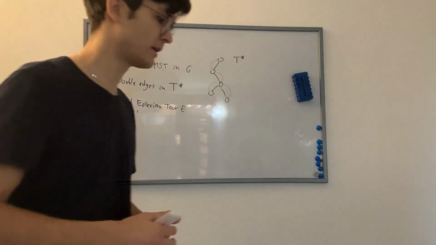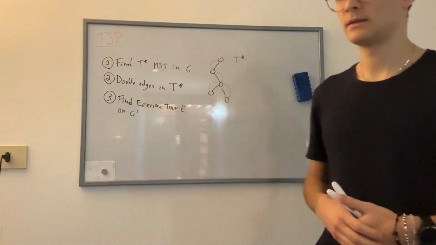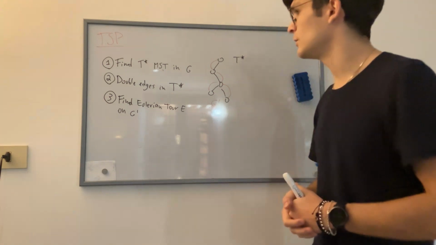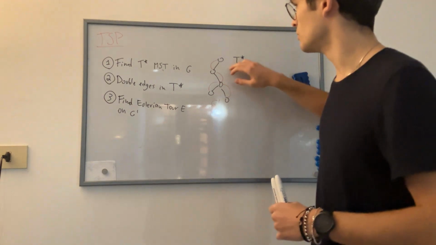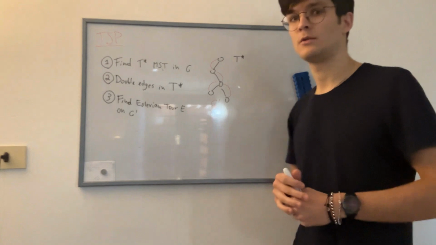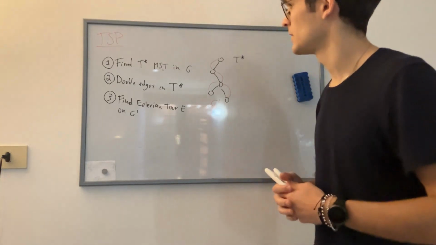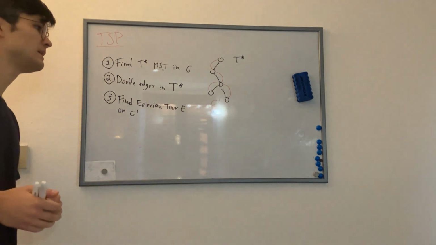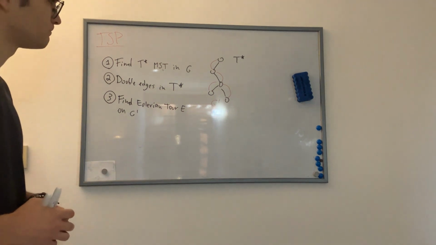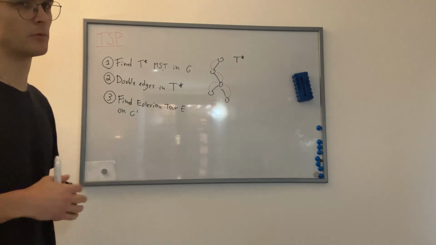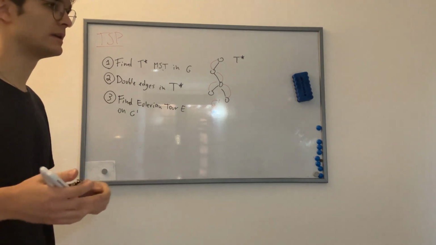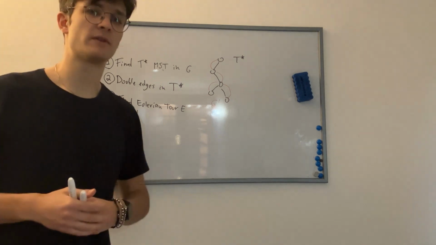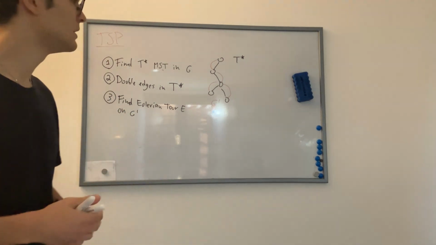What is an Eulerian tour? Differently from the Hamiltonian tour that we're looking for, the Eulerian tour goes through each edge once and exactly once. This is another thing that we can do in polynomial time, and it requires some algorithms, for example the Fleury algorithm or some variation of the DFS. It's not the topic of this video.